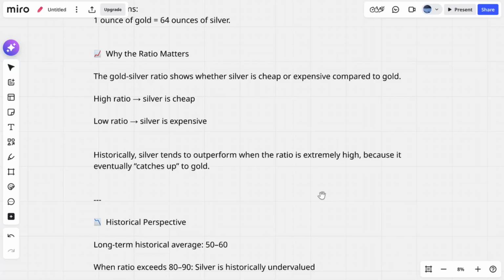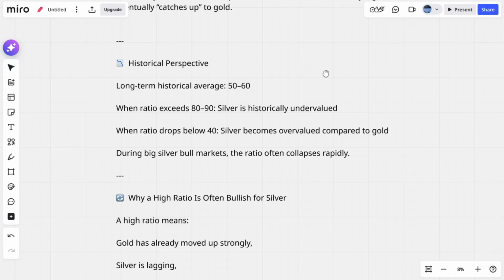And when this ratio is narrowing, that is when silver is outperforming, but may not be the best time to get into silver. But it catches up. That's the thing. Historically, the long-term gold to silver ratio is 50 to 60. When the ratio exceeds 80 to 90, silver is historically undervalued.